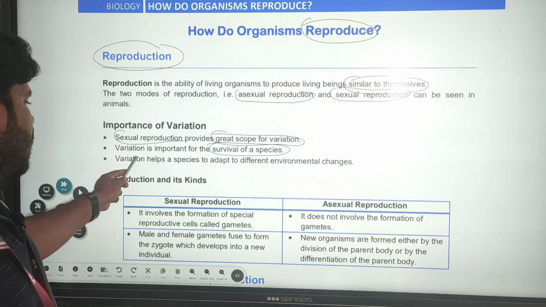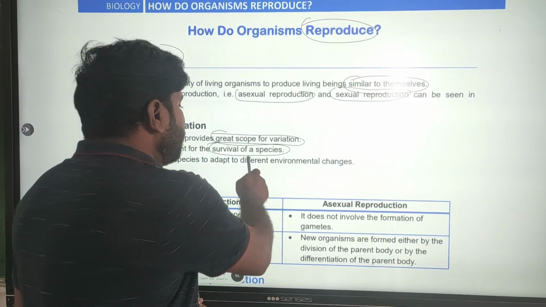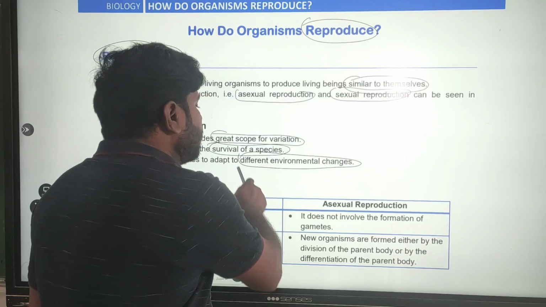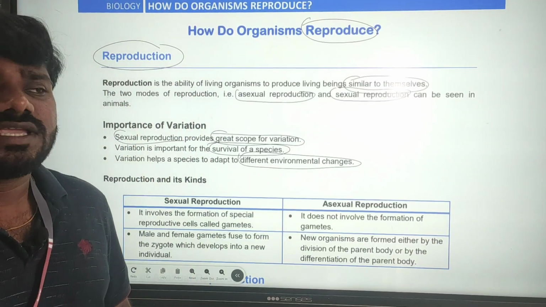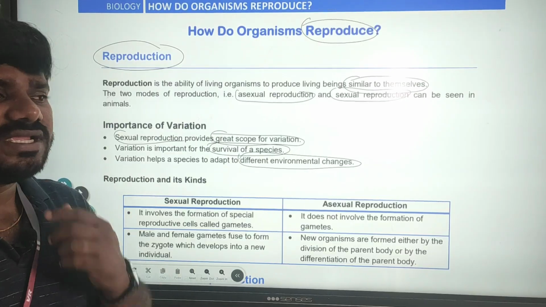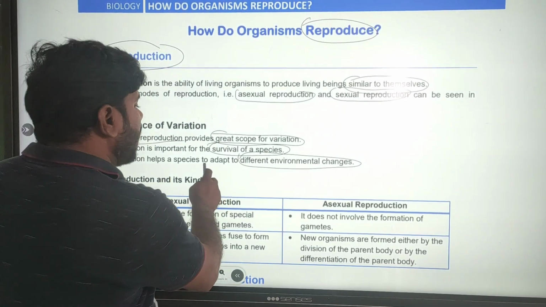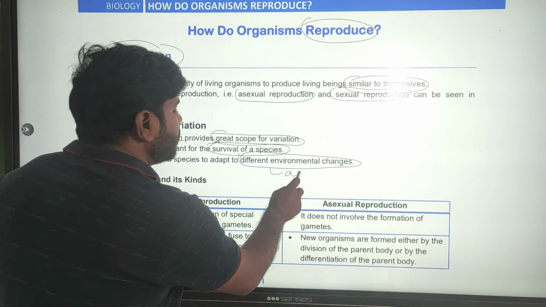Next, variation helps a species to adapt to different environmental changes. Not only does variation help the survival of its species, but it gives a chance to adapt in adverse conditions.